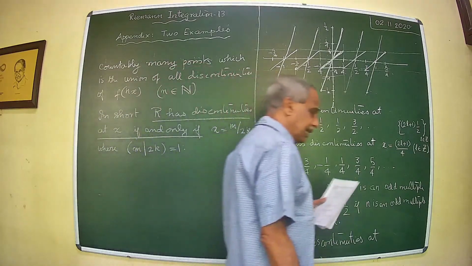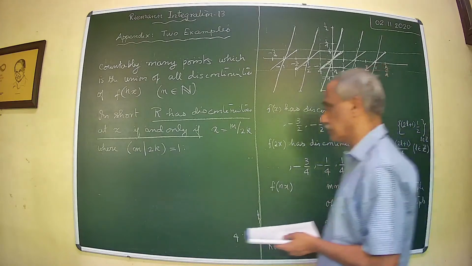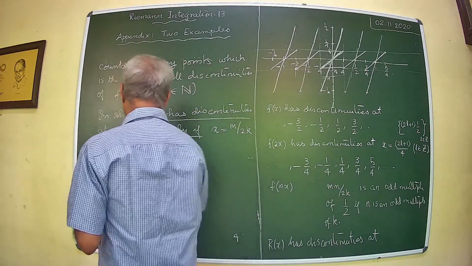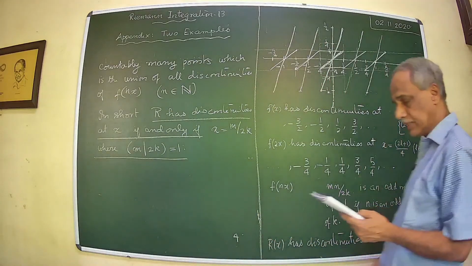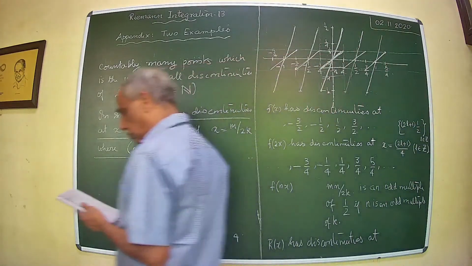That means they are basically coprime to each other. So this is the condition. And then you can list them out and then try to find them.